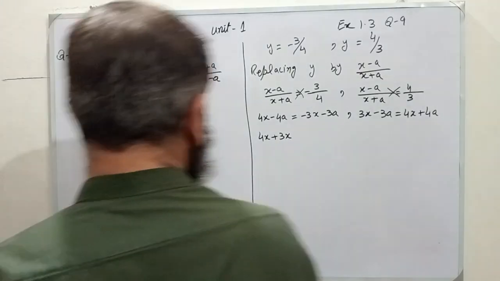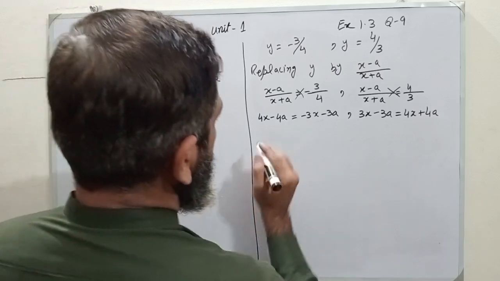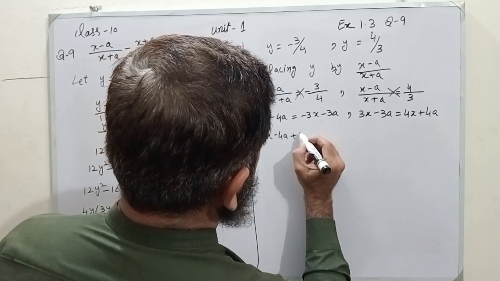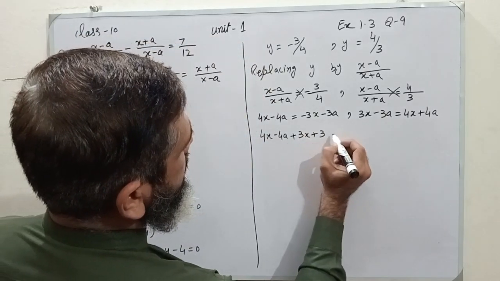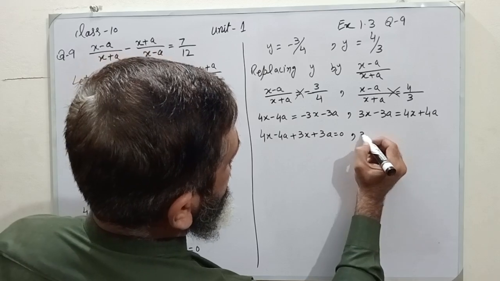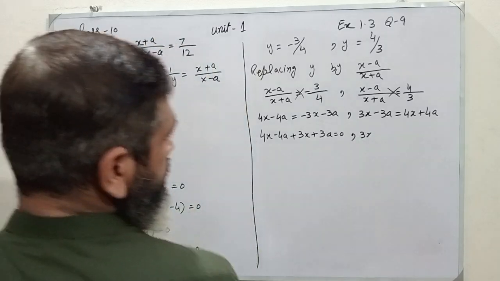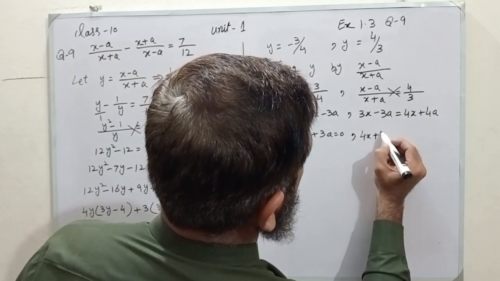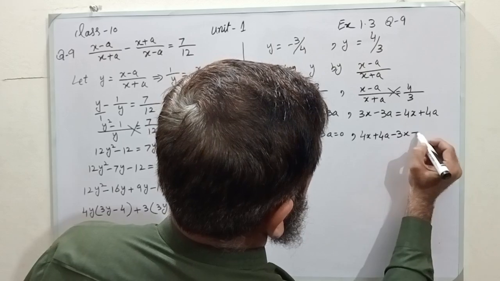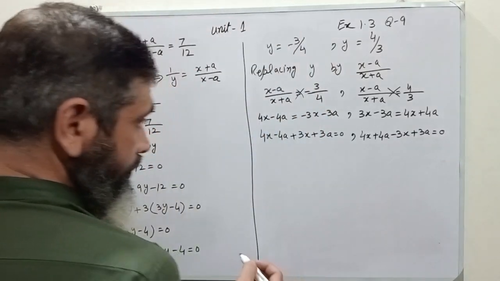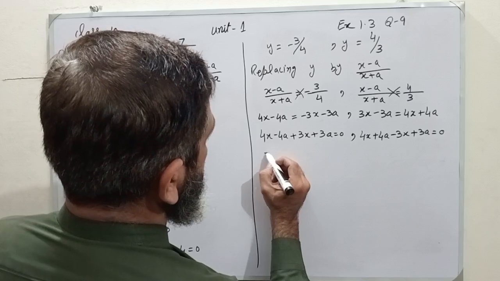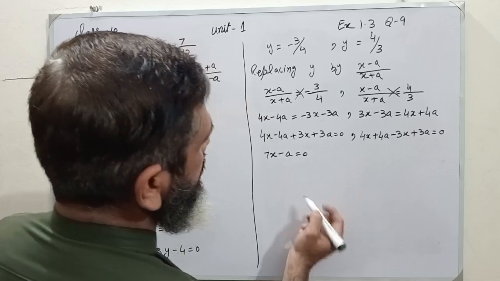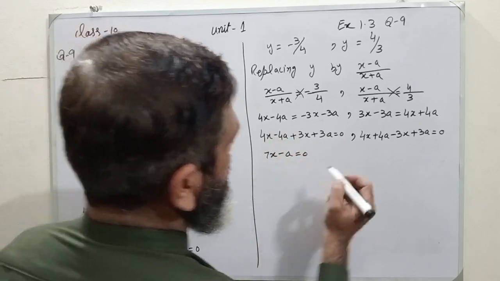Same cross multiplication. So it is better that we write 4x minus 4a plus 3x plus 3a is equal to 0. Here 4x plus 4a minus 3x plus 3a is equal to 0. So 4x plus 3x is here 7x, minus a is equal to 0. 4a minus 3a, so minus is here minus.